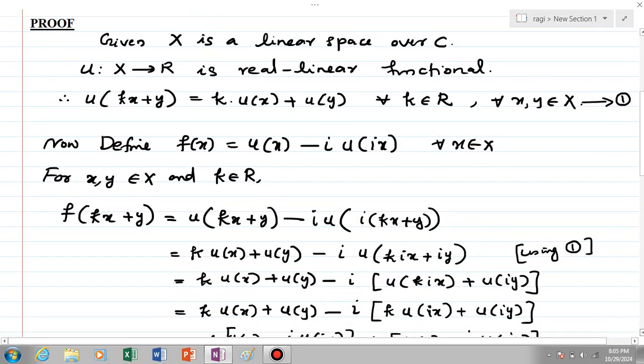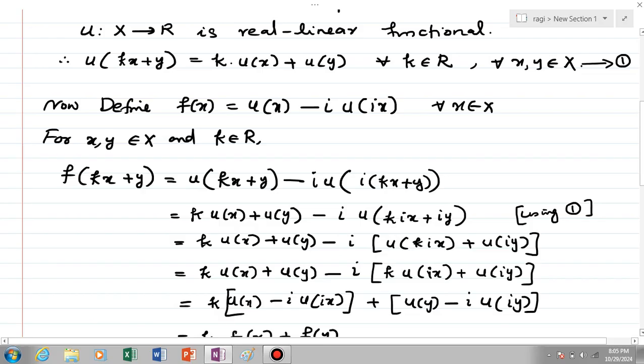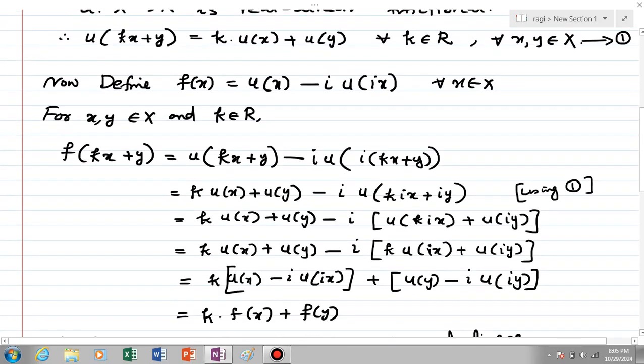The proof is as follows. For x, y element of capital X and k element of R, we can clearly see that f of kx plus y is equal to k into f of x plus f of y. In that step, we have used the result that u is real linear. That is, f of kx plus y is equal to u of kx plus y minus i into u of i into kx plus y.